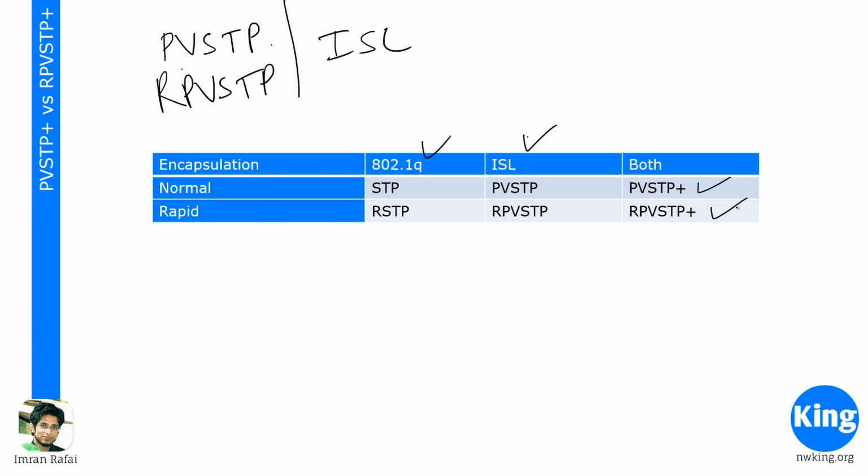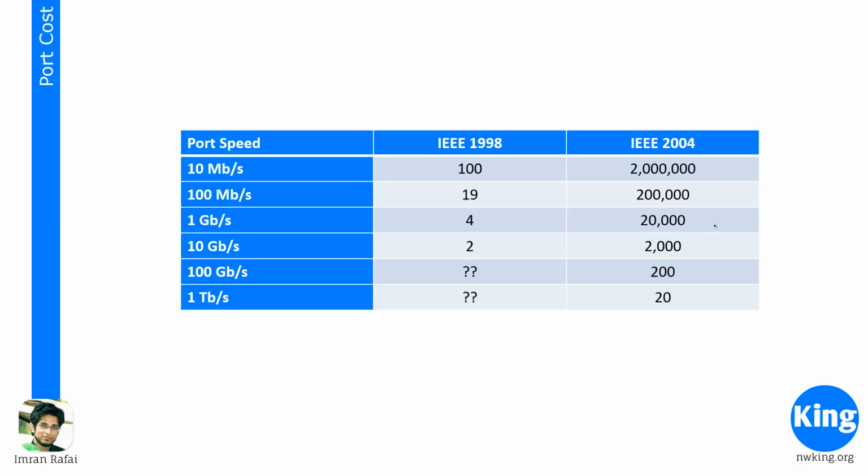It's exactly the same thing, it's just that it now supports ISL and 802.1q, and now this is the industry standard, PVSTP and RPVSTP, right?